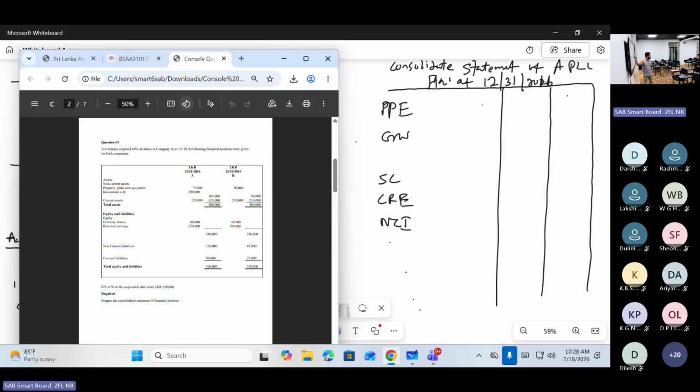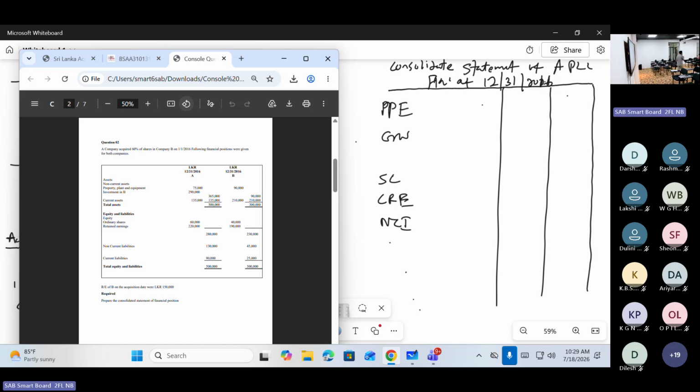Cash is credited and the investment in B account is debited. Then we take the investment in B account, credit it, and debit the cost of control account. A has invested 290 to acquire B.